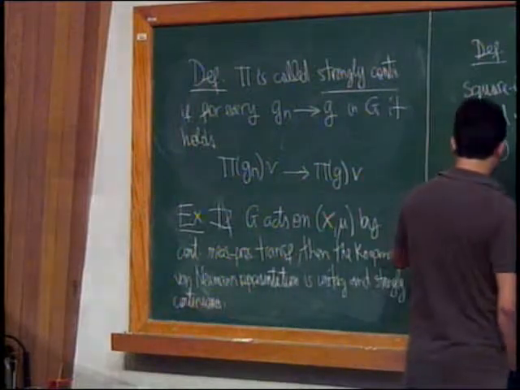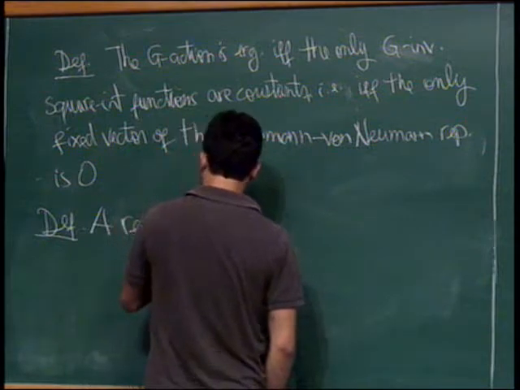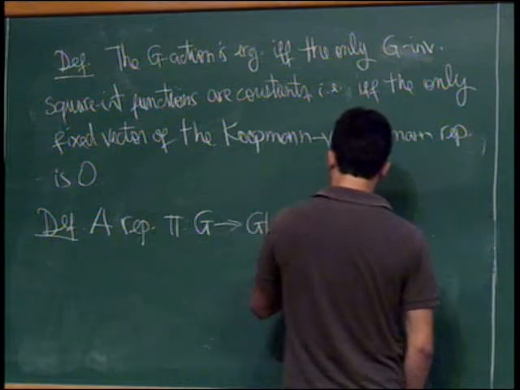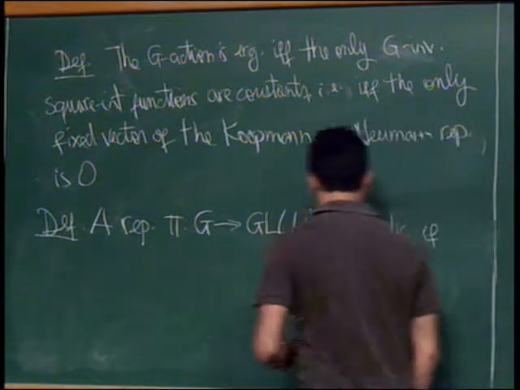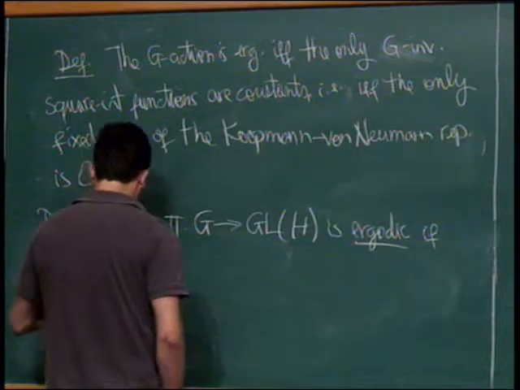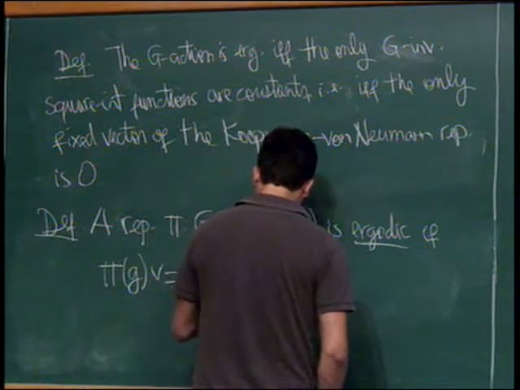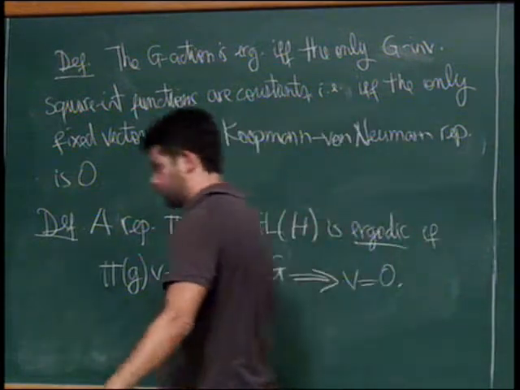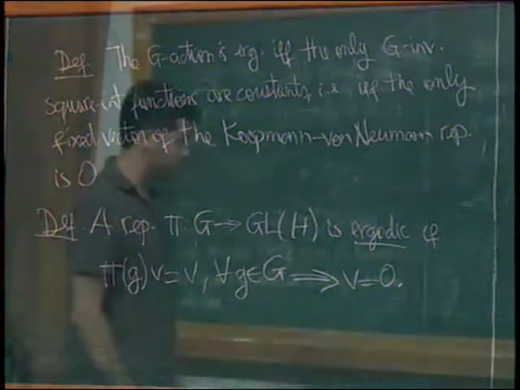So a representation pi that goes from G to, in general, GL of H is ergodic if, when you consider a vector V that satisfies this equality for every g in G, this directly implies that V has to be 0. Okay, so we can abstract the notion of ergodicity to representations.